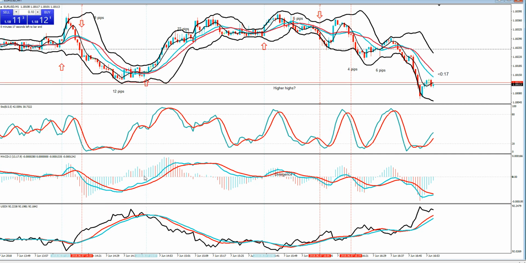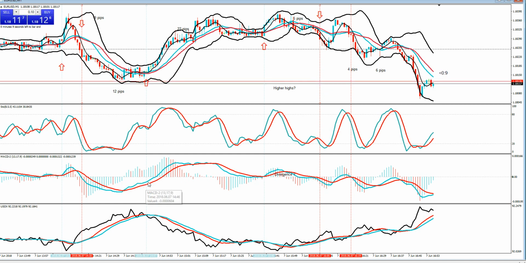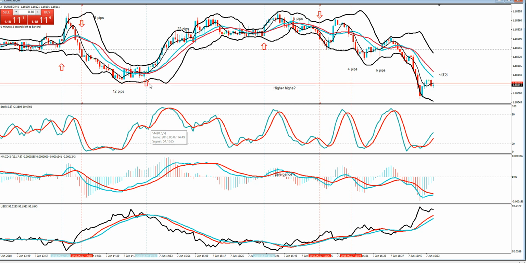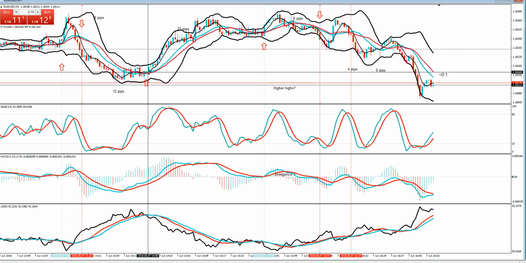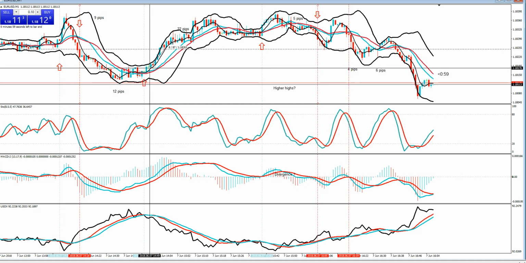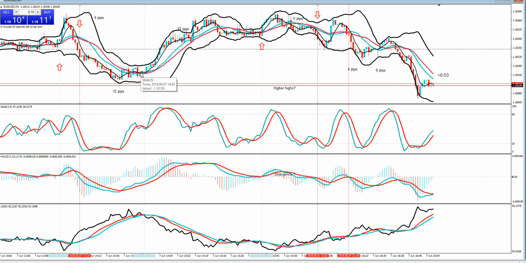We can see the histogram is moving in an upward direction, and it's moving over the zero axis. We've got the blue over the red. So had we taken on the trade around about this area here, there are over 20 pips to the upside. If we'd have taken it right at this point here, there are 22 pips.